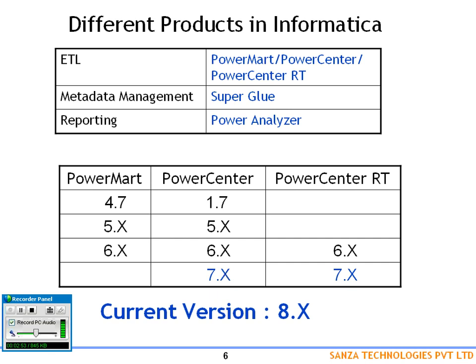In the reporting space, they sell a product called Power Analyzer. The Power Analyzer tool is not much in the market. They couldn't make much market capital in the reporting space. Their power of Informatica is in the ETL space.